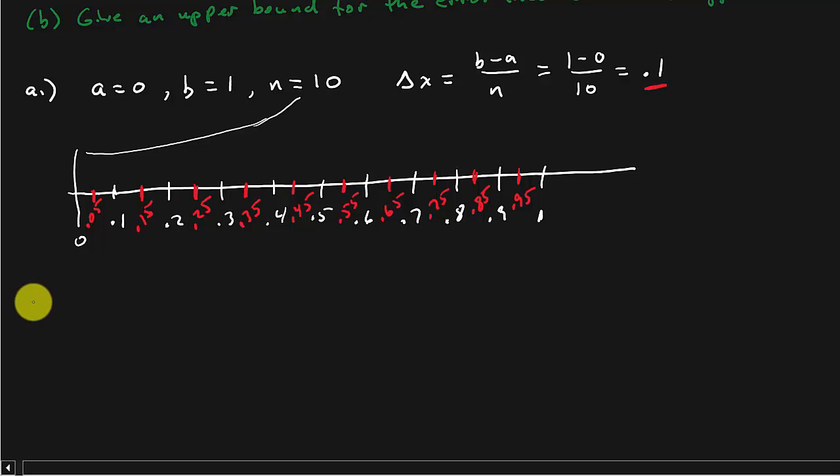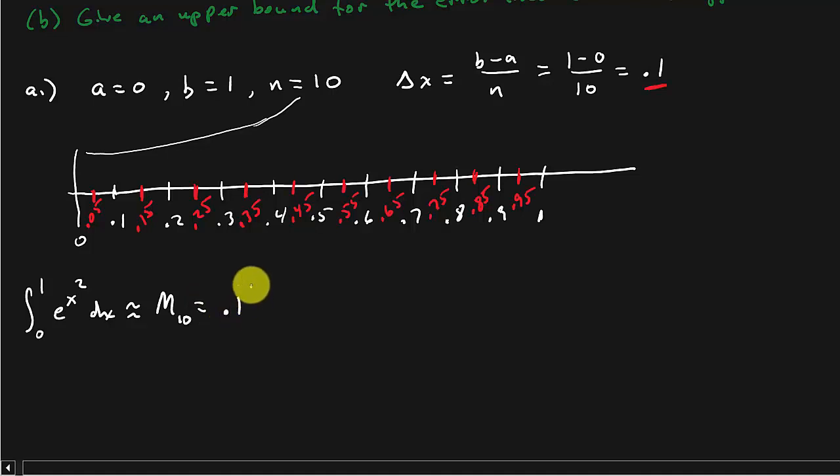All right. So we've got the integral from 0 to 1 of e to the x squared dx is approximately M10, right? We're using the midpoint rule where n is 10.